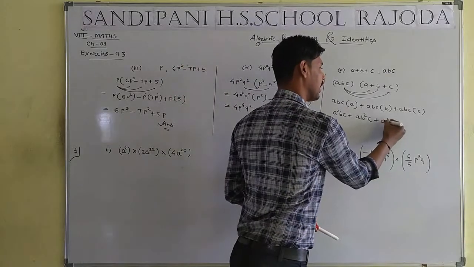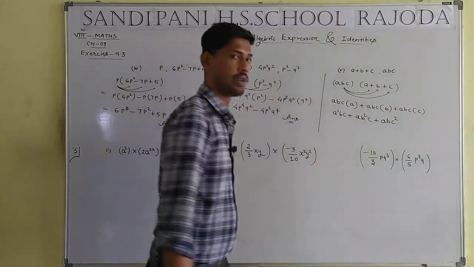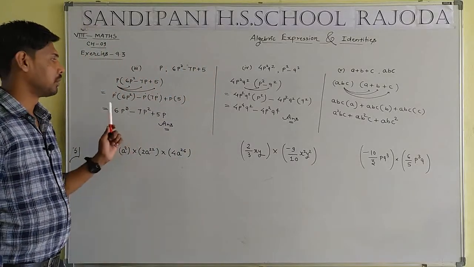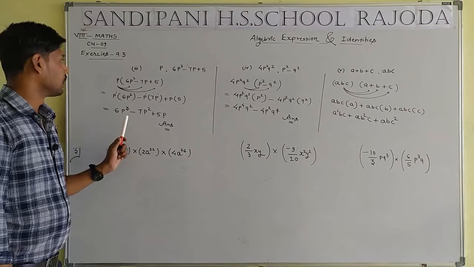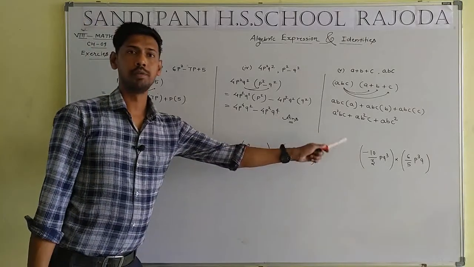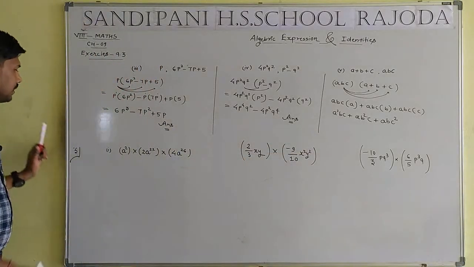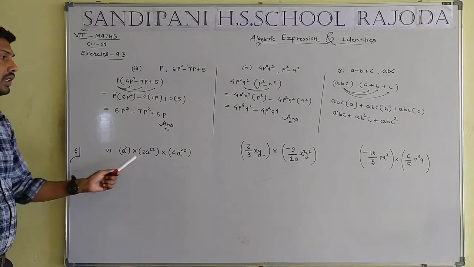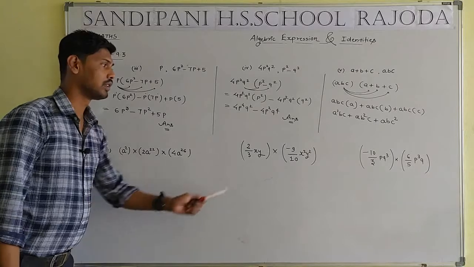A and B as it is, C into C will be equal of C square. Okay student, I hope you getting the proper solution related to question number 3rd, question number 4th and question number 5th. Now we will start the next question, question number 3rd, another multiplication between the three factors, between the two factors.